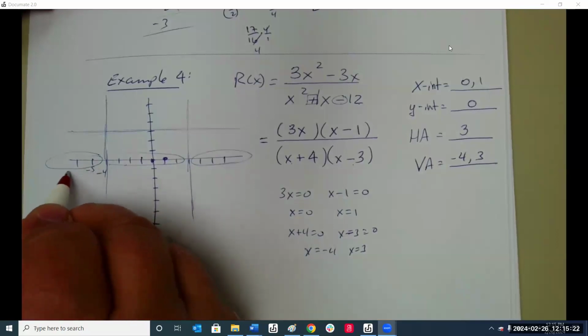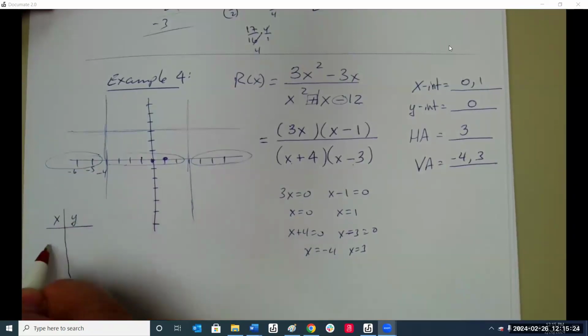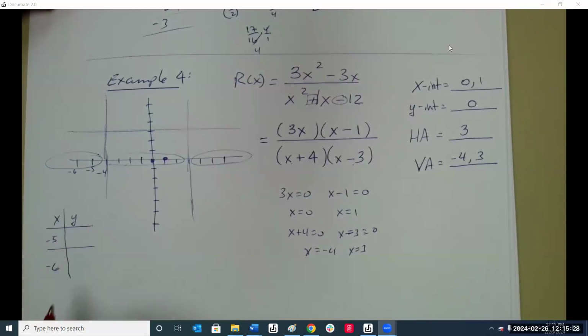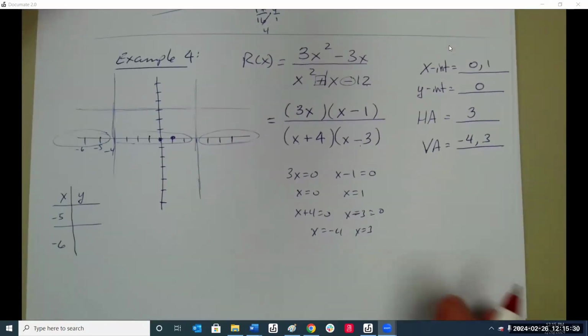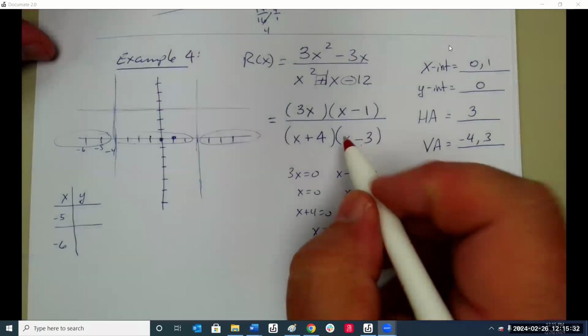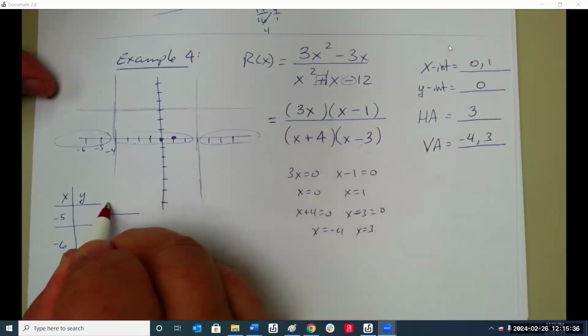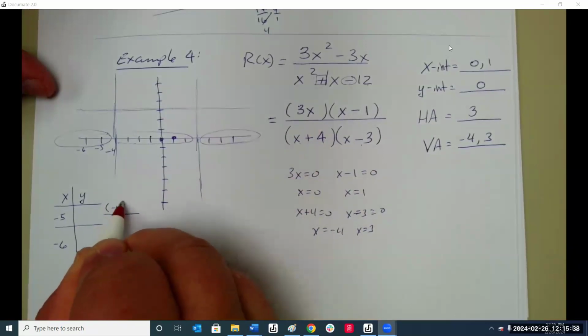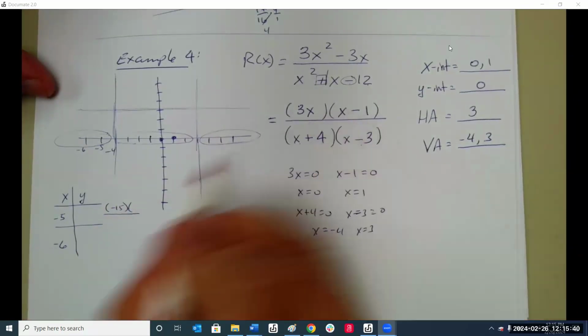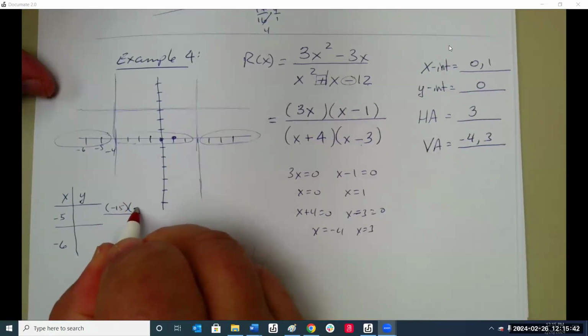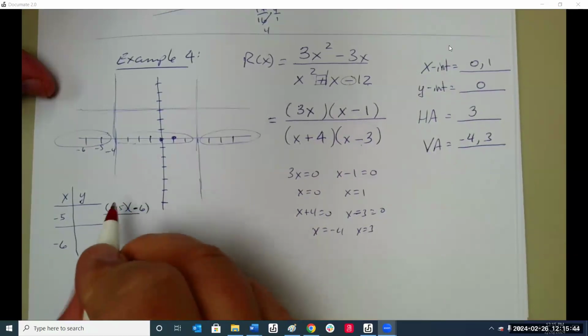So at negative 5 and negative 6. Negative 5 times 3 is negative 15. Negative 5 minus 1 is negative 6.